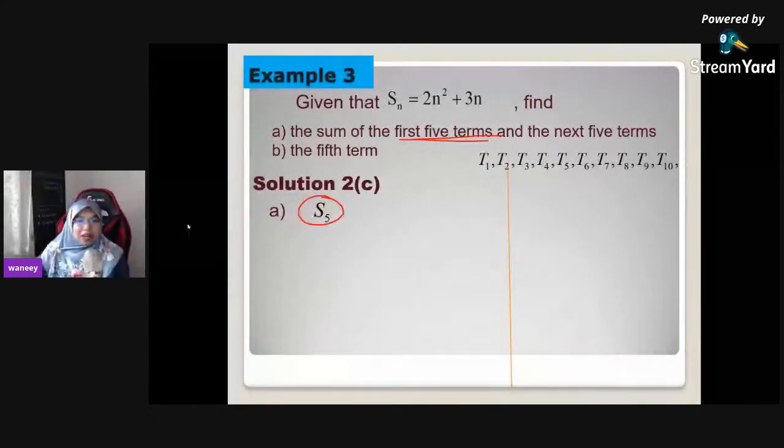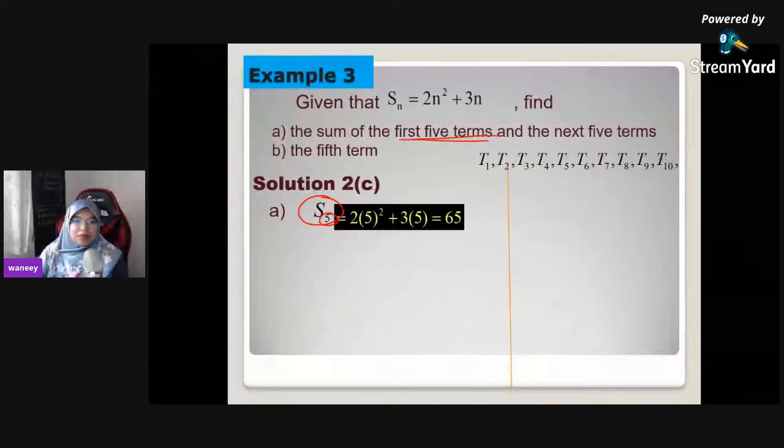To calculate S5, we are given the formula for S, so we simply substitute n with 5. So 2 times 5 square plus 3 times 5 becomes 65.